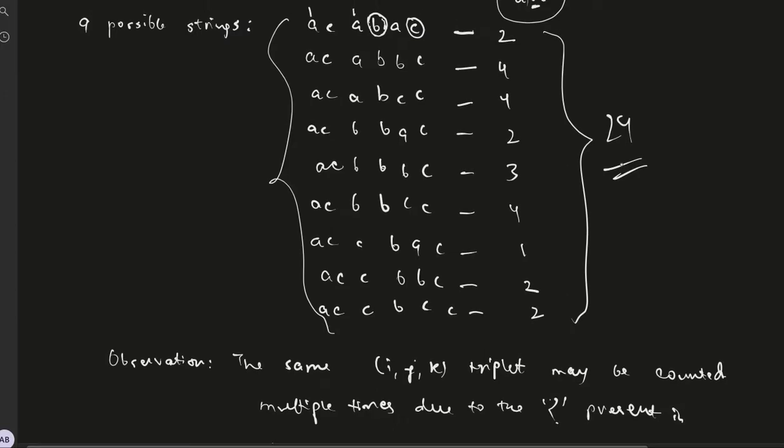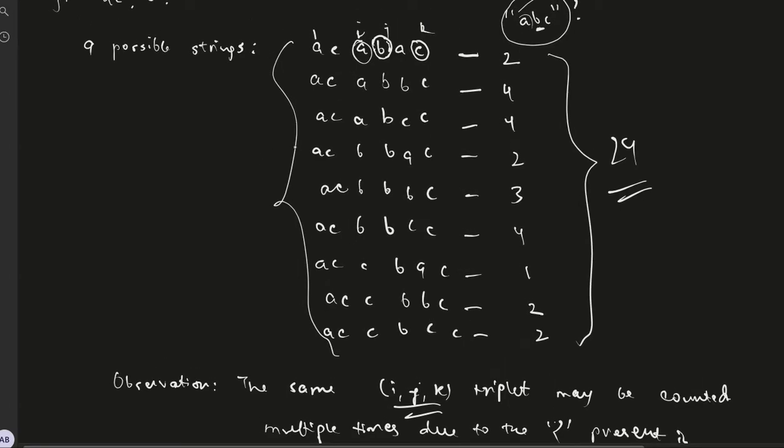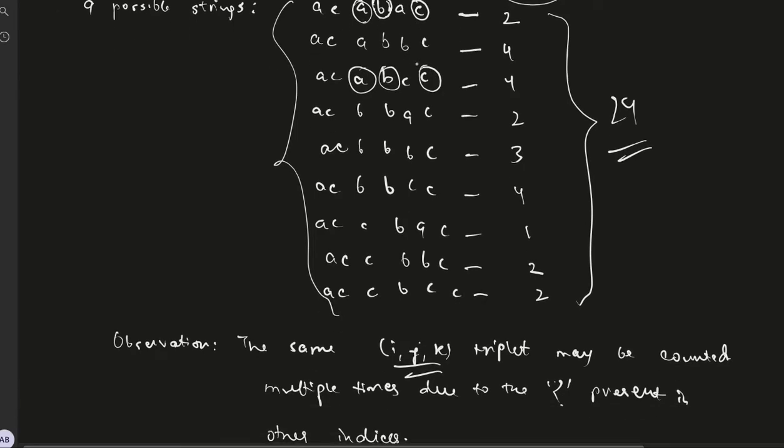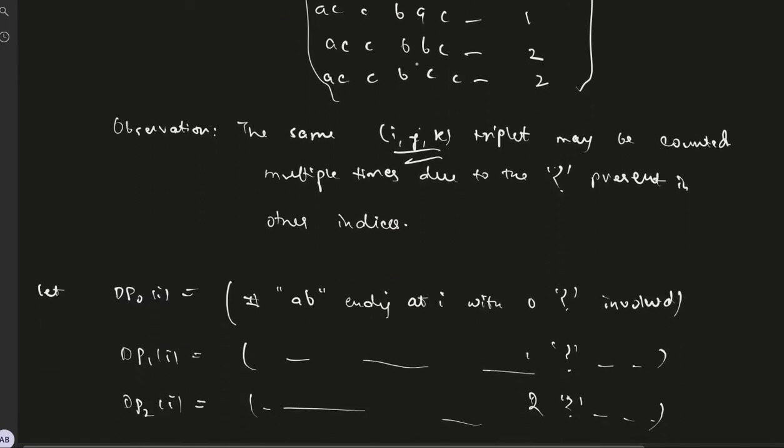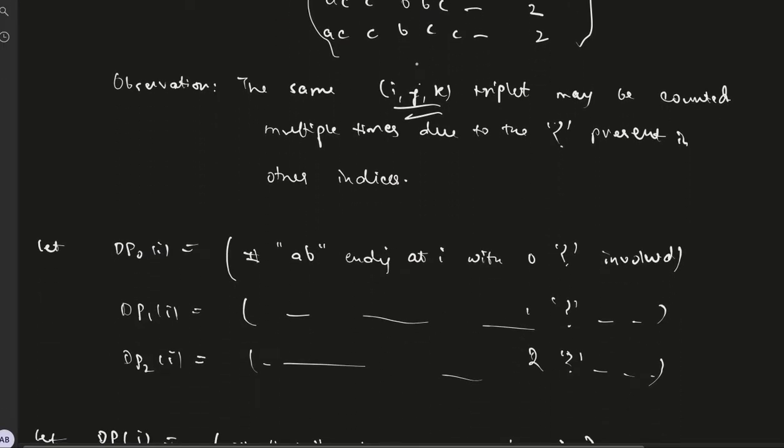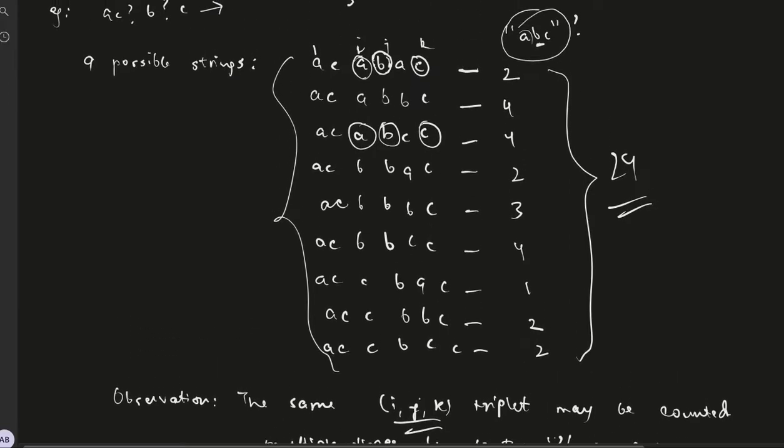Now, an observation we draw from here is that for the same indices i, j, k, if for example we pick up this triplet i, j, and k, for these three indices, two different strings can give the same triplet ijk. So in a sense, what this means is the same ijk triplet may be counted multiple times due to the question marks present in the other indices.